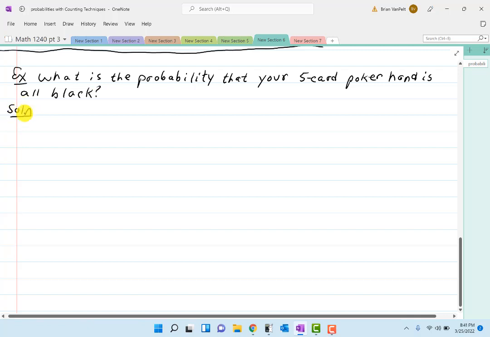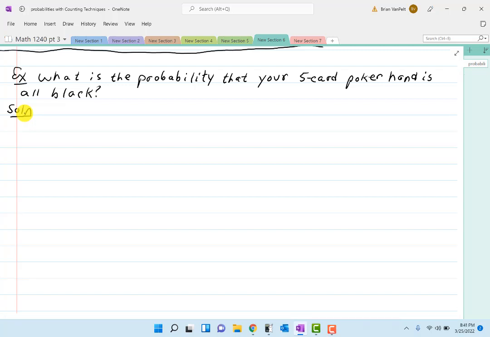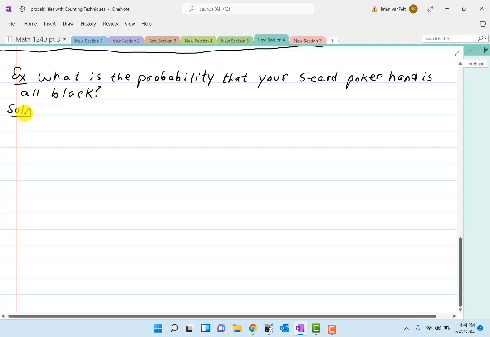Well, as I've mentioned before, when they hand out poker cards, they count them out to you one at a time, but the fact is the order of them does not matter. So we have to keep that in mind. We need to know how many 5-card poker hands there are. And we get that by doing 52 cards to choose from, and we pick 5 of them without order.